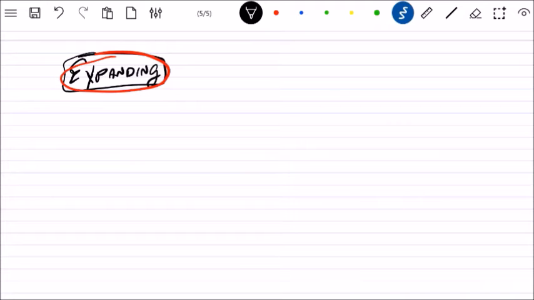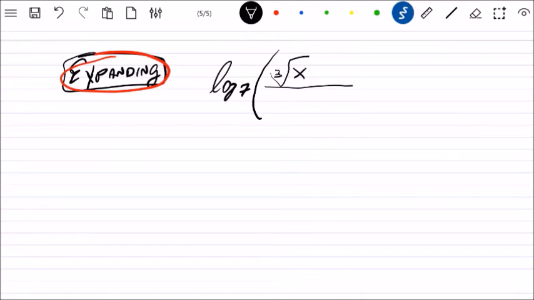I'm going to have a nice big example one, log base 7. And in parentheses, we're going to do dividing. And on top, it's going to be cube root of x, and then y to the 4th, and the denominator is z to the 5th power.